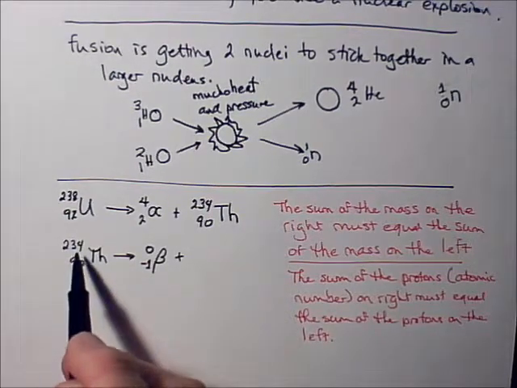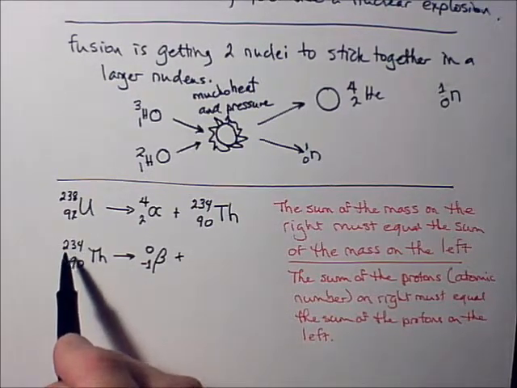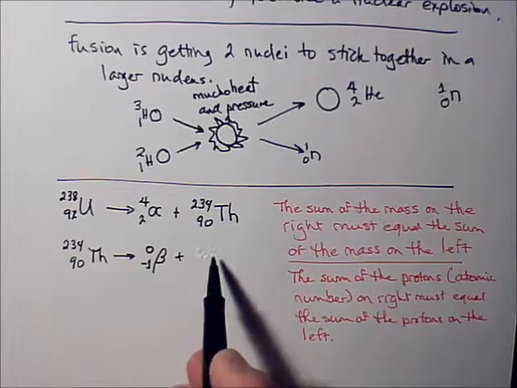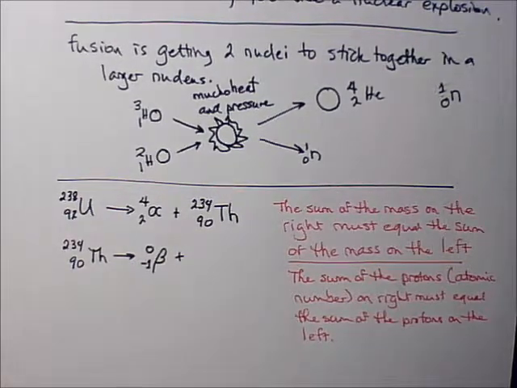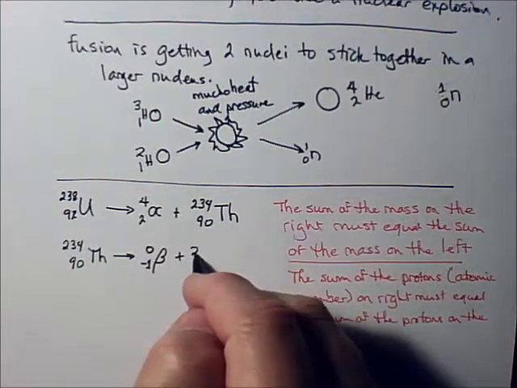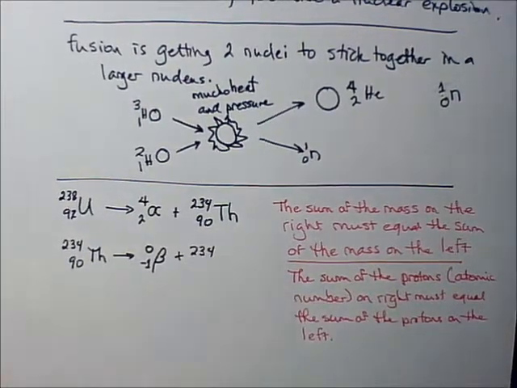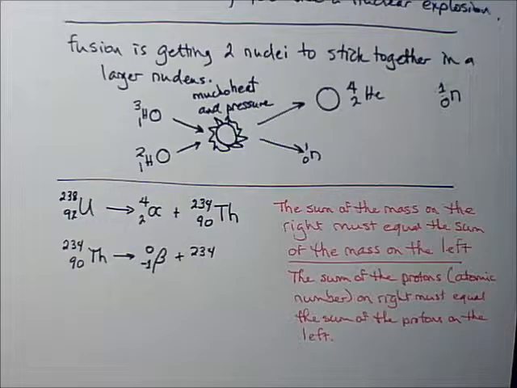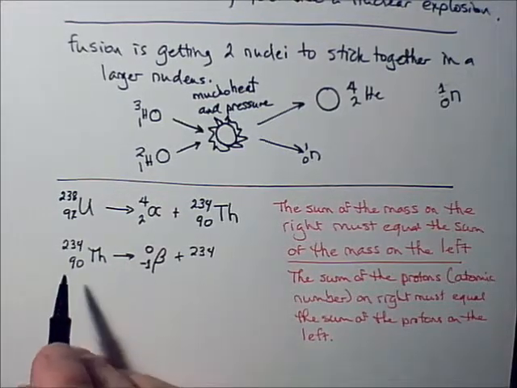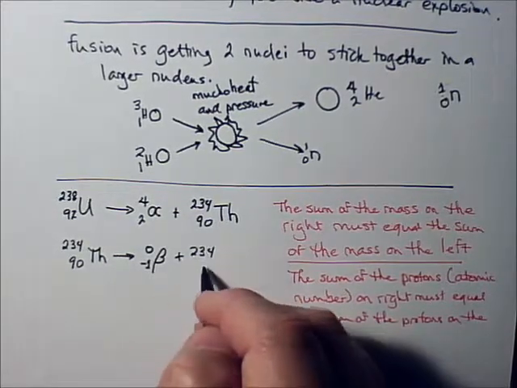So I've got 234, that's the total mass on the left, and I've got to have the mass on the right come out to be the same. 234. Very good. How about the atomic number on the bottom? 91. 91 plus a negative 1 would give us a 90.